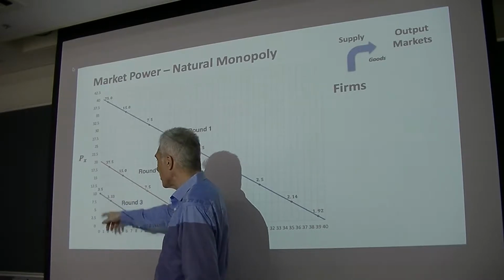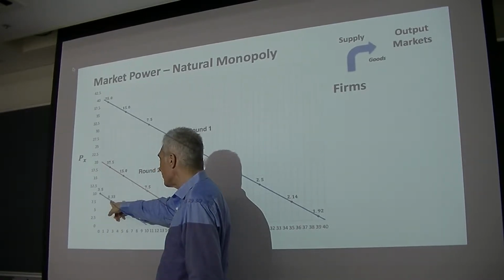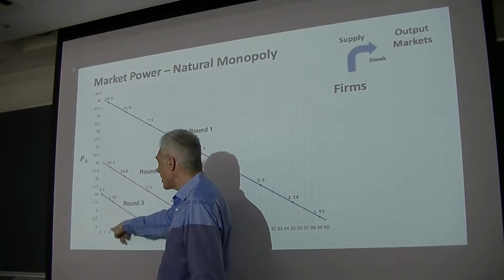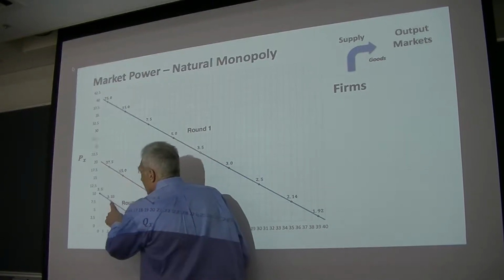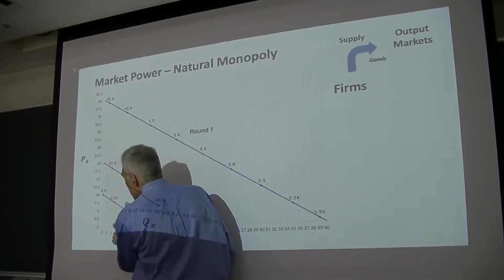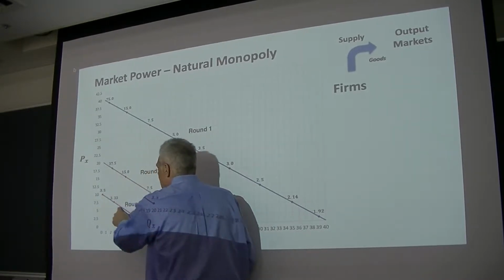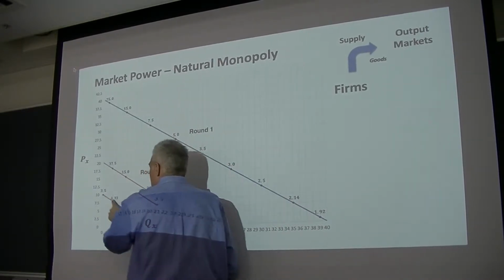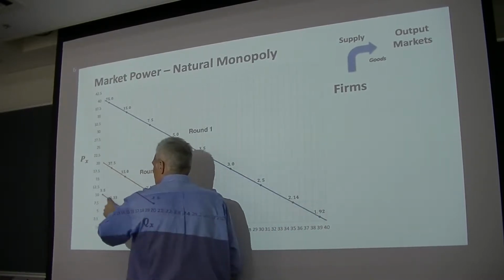And if it produces 2.5 units, if it produces more than 2.5 units of the good, then the market, this is now the demand curve facing firm 1 for the additional demand.